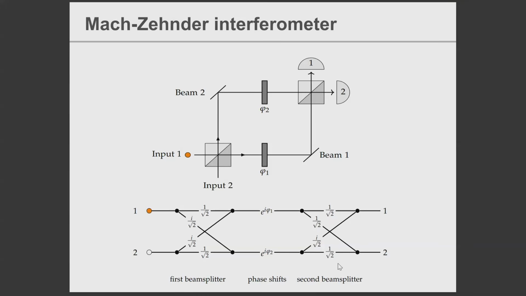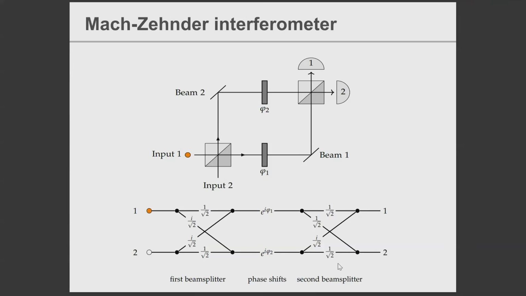The first beam splitter says the photon can be transmitted, can also be reflected. And then you let the photon go into the schizophrenic state, being reflected and transmitted.